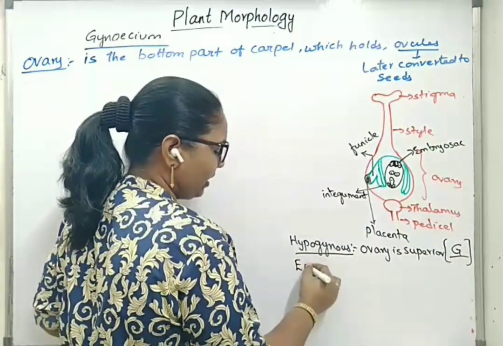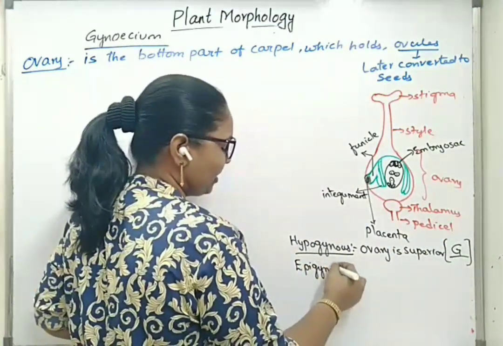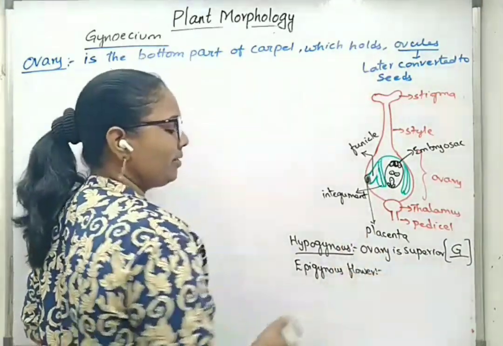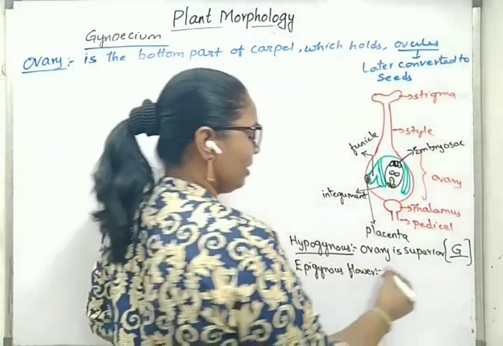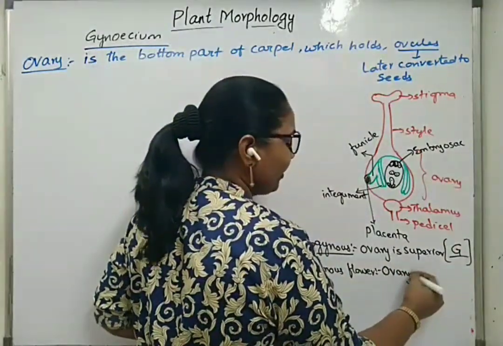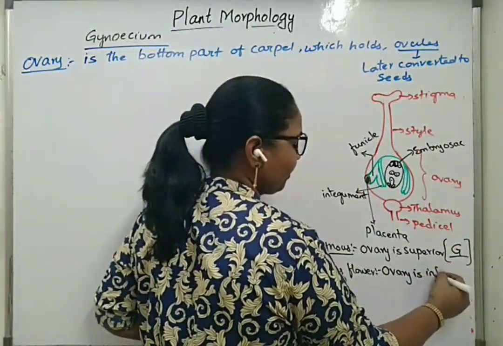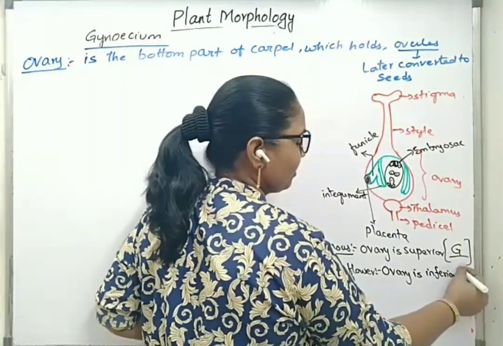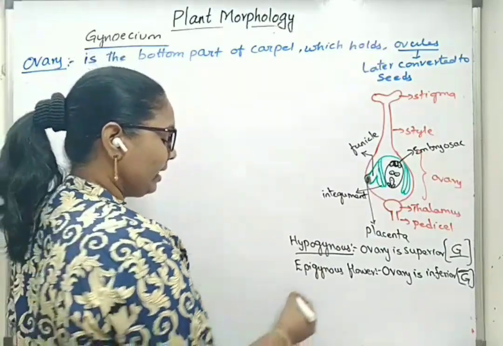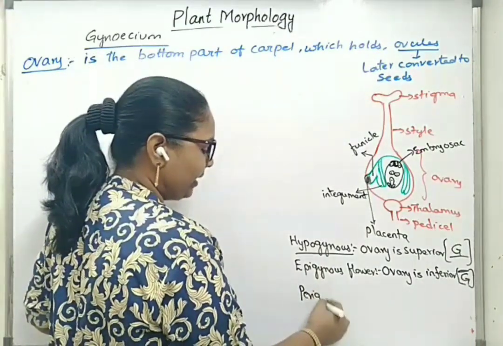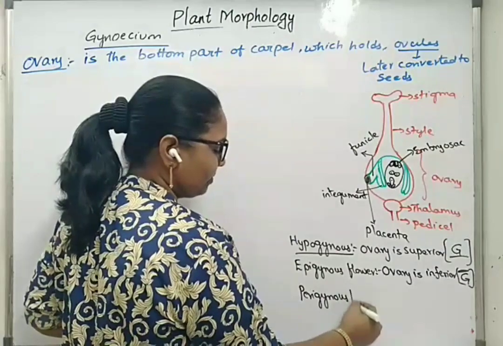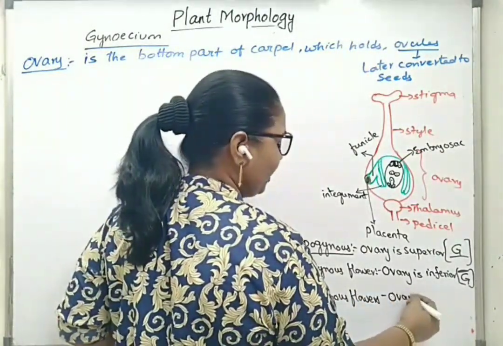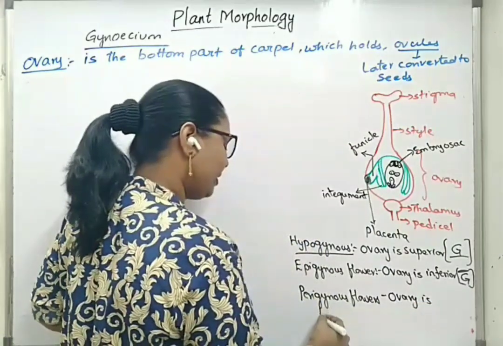Next, in case of epigynous flowers, in which all the other floral parts are above gynoecium, ovary is inferior. This is represented like this. In case of perigynous flowers, ovary is half inferior, half superior.